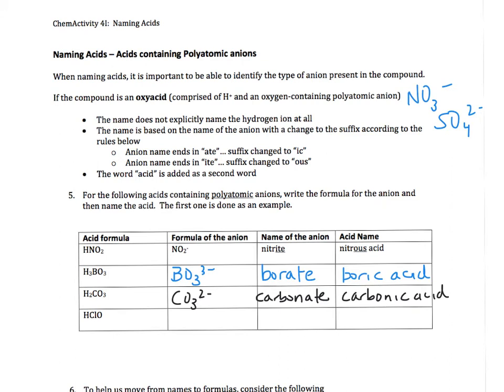All right, one more in this list. HClO. So we know that it's an H plus, so it must be ClO minus, which is the anion. Again, this is not one you know. This is hypochlorite.